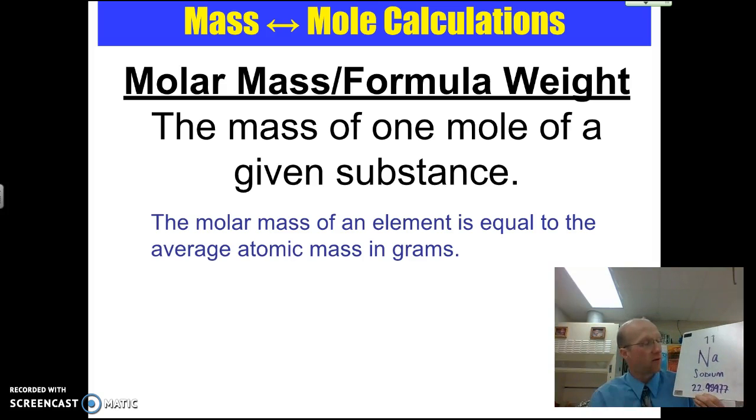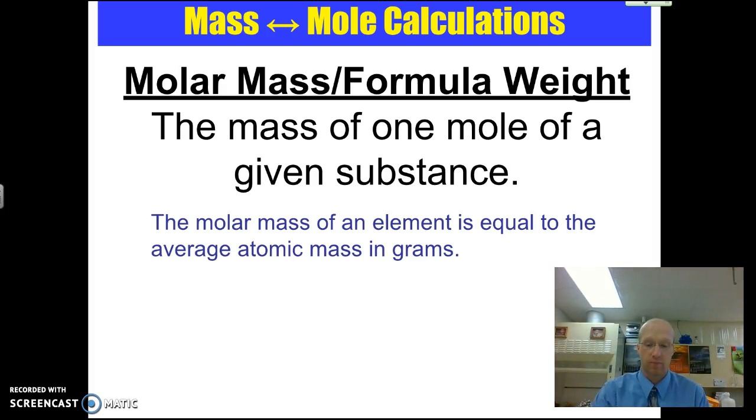So a single sodium atom has got a mass of 22.98977 AMUs. It also tells me the mass of a whole mole of those things. It is the molar mass of sodium as well. And the units then aren't AMUs, they would be grams. So 22.98977 grams of sodium is 1 mole of sodium.